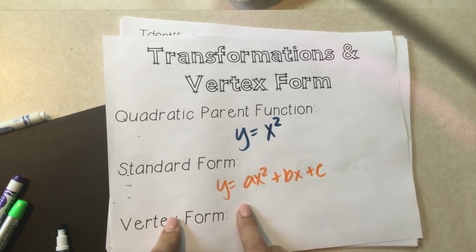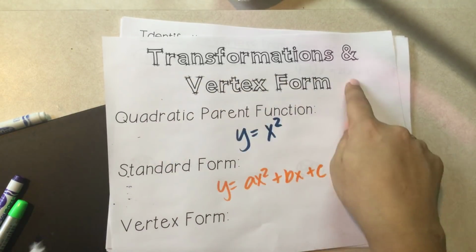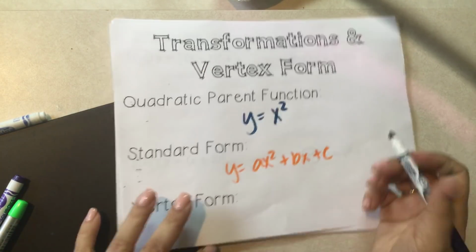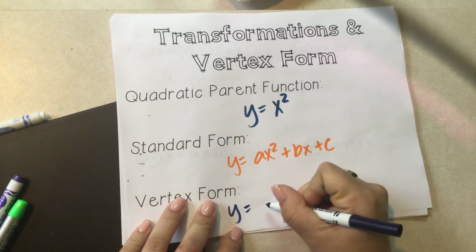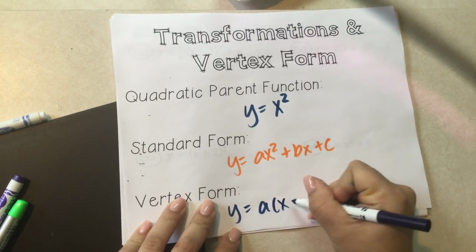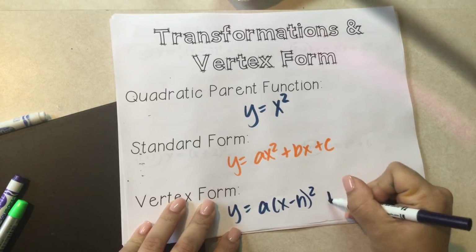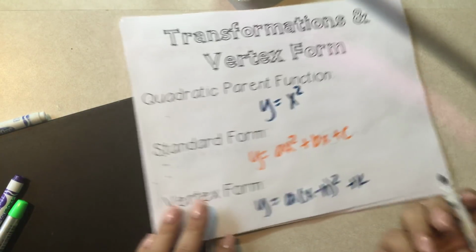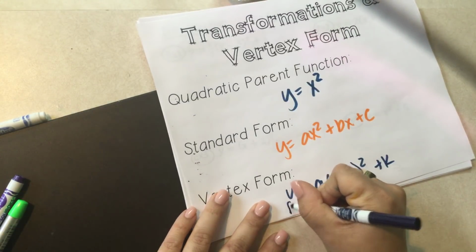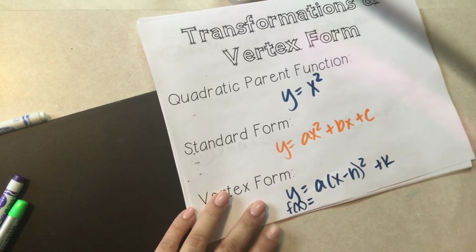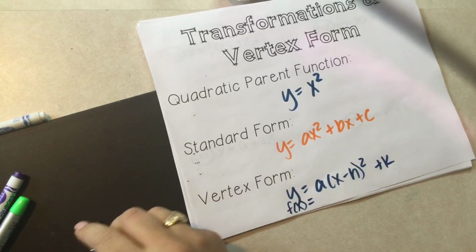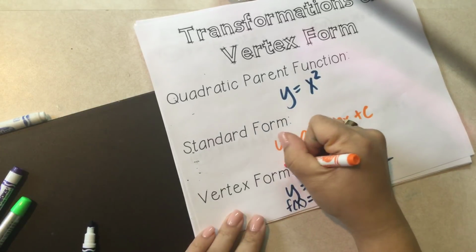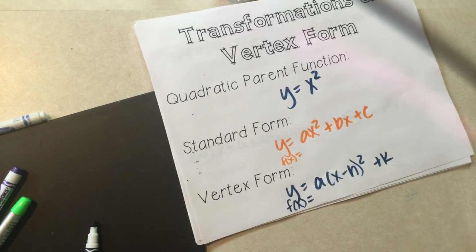Typically, when you're doing transformations, you're going to get vertex form, which is y equals a times x minus h squared plus k. You'll also see it written as the same thing, but starting with f of x. Any of these can actually start with f of x at the beginning.